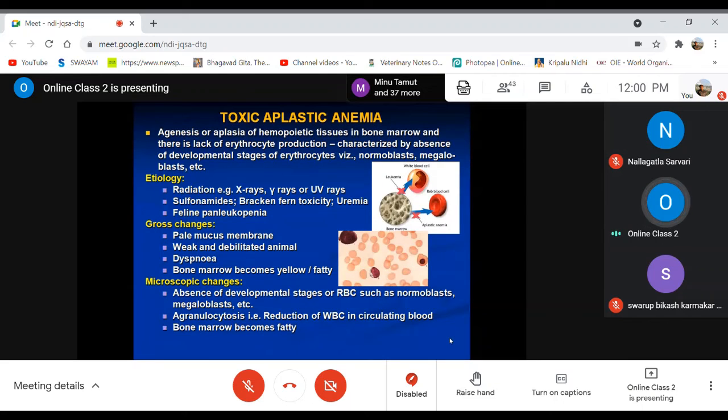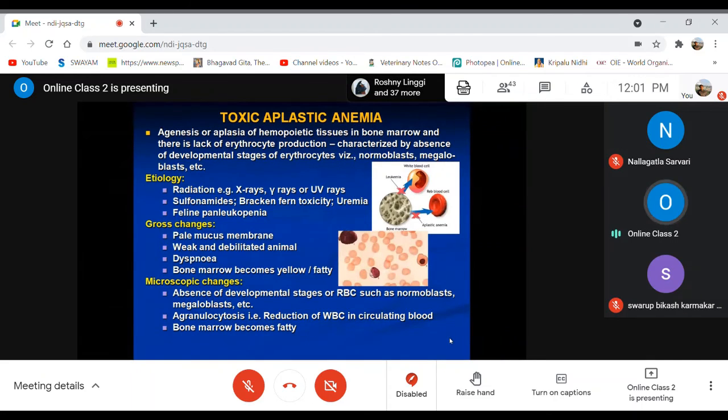There are particular virus infections, like feline panleukopenia virus, or radiations like X-rays, gamma rays, and UV rays. What they lead to is agenesis or aplasia of the hemopoietic tissues in the bone marrow. From the bone marrow stem cells, the RBCs are formed.